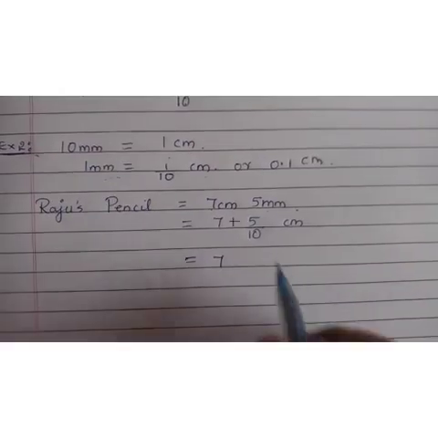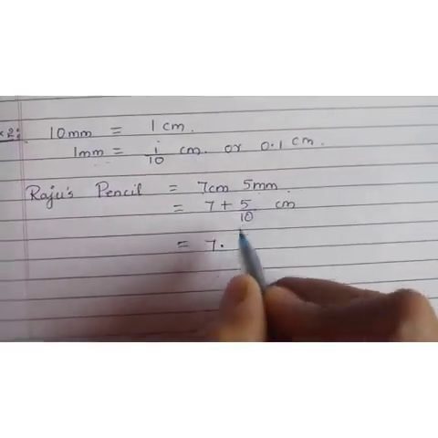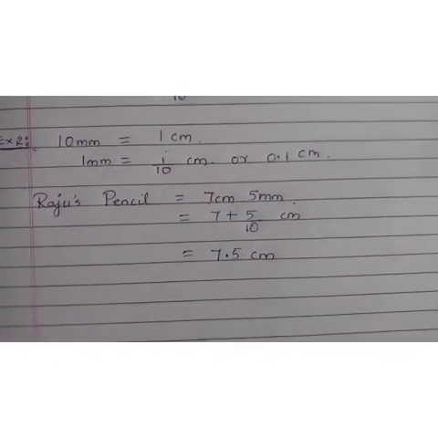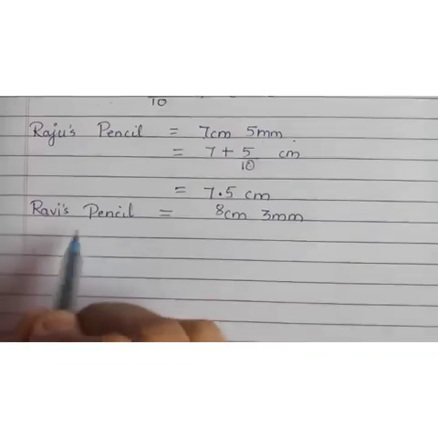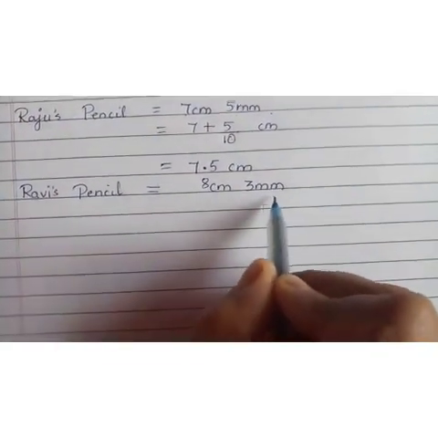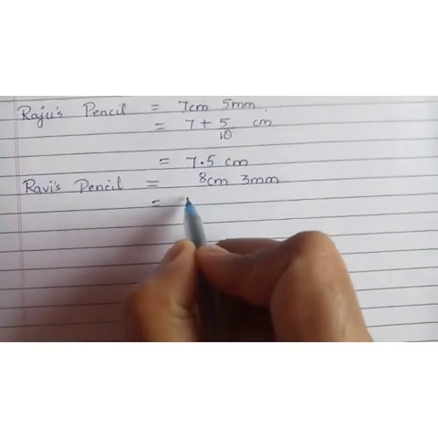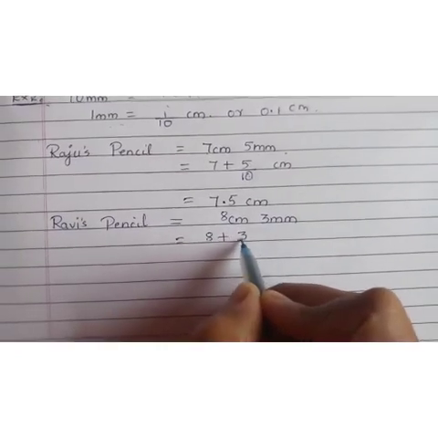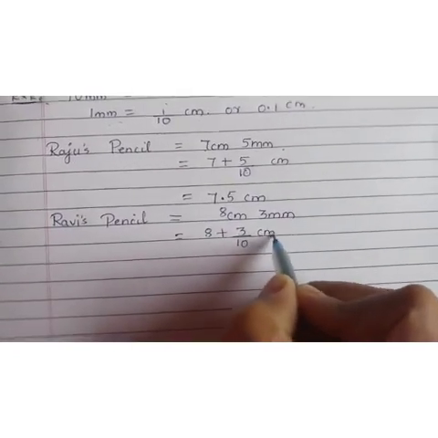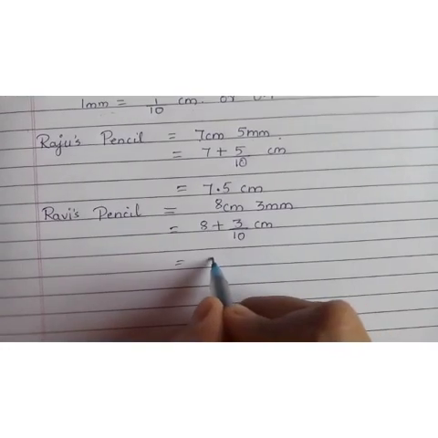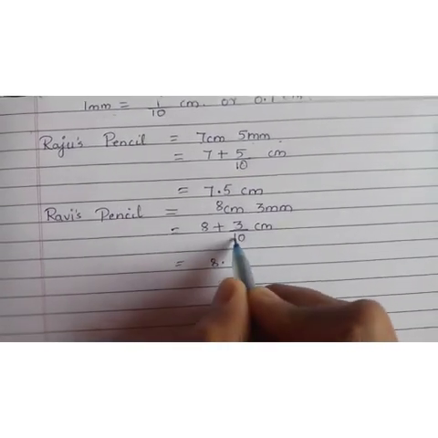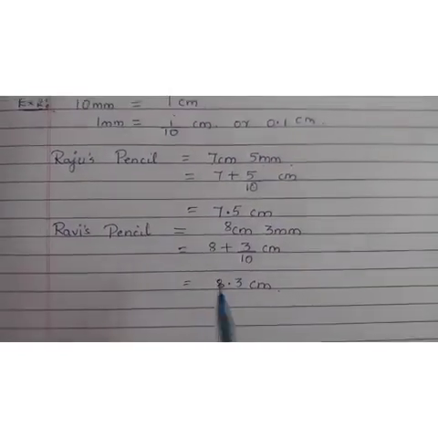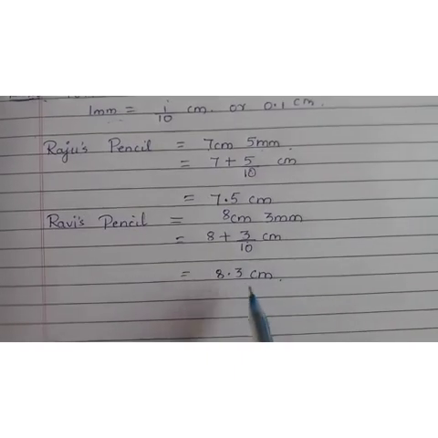When you take this number, this 0 becomes the point, leave this one and write the upper, so it will become 7.5 centimeters. Similarly, Raju's pencil is 8 centimeters and 3 millimeters, so I can write it as 8 plus 3 millimeters. I can write it as 3/10 centimeters. So I will write it as 8, 0 becomes the point, leave this one and write the above. So 8.3 centimeters. So this is how we convert a fraction into a decimal.